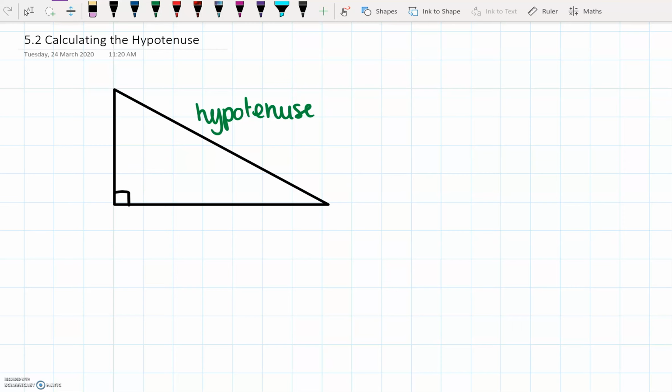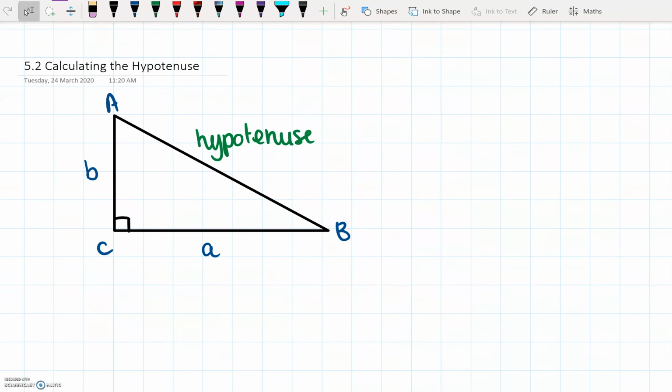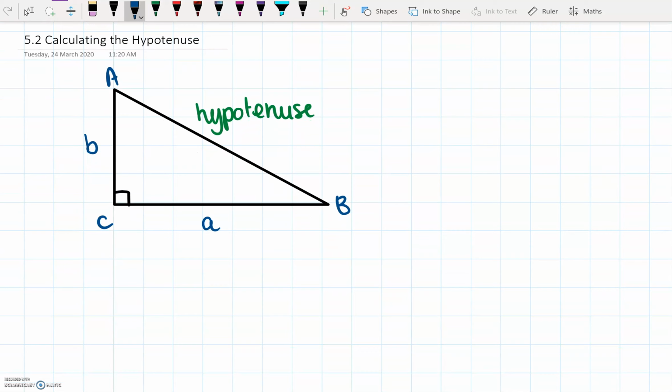If we have a right angled triangle and we call the angles C, A, and B, then our corresponding sides will be, remember, side A is opposite angle A, side B is opposite angle B, and side C is opposite angle C, and that's the hypotenuse.